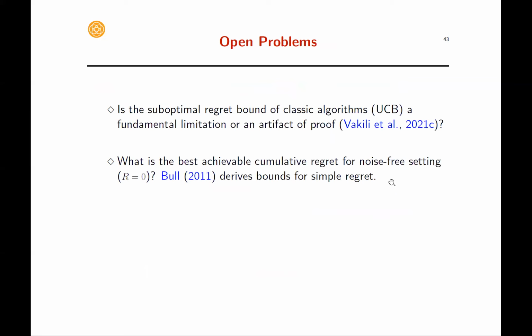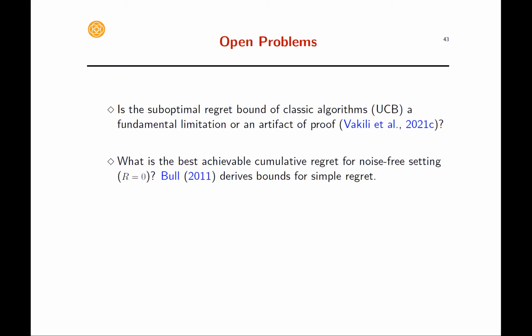But this leaves us with an open problem. We still don't know if the suboptimal regret bound for classic algorithms such as UCB is a fundamental limitation or an artifact of the proof. So basically, we have algorithms that give us the order optimal regret bound, but we don't know if what is happening with UCB is really a limitation, or we just cannot prove a better regret bound for it.